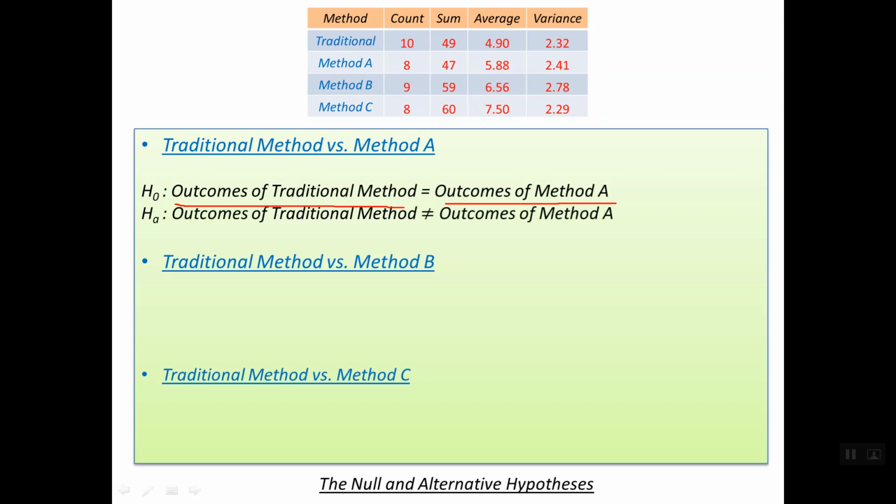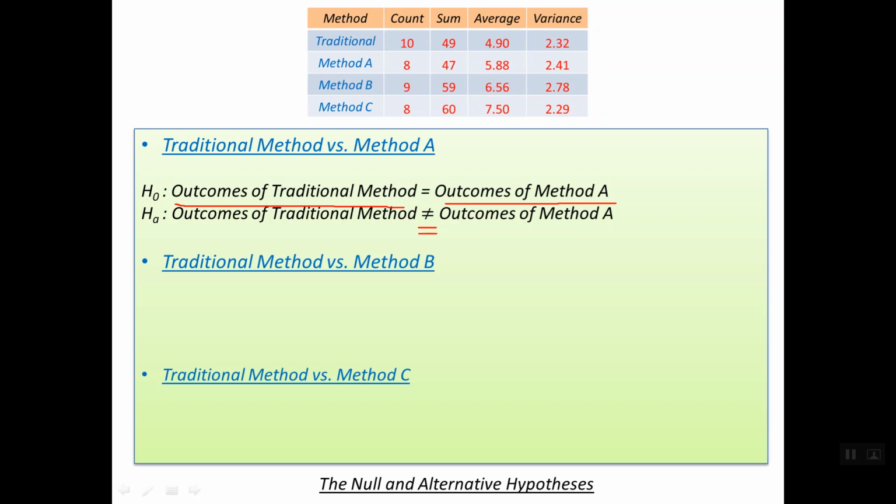The alternative hypothesis states that the outcomes are not equal; one of the outcomes is greater than the other one. Notice that the sign here is unequal, so the test is a two-tailed test. So the value of alpha, which is 0.05, will be divided into two equal values.